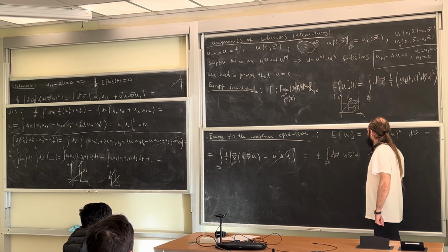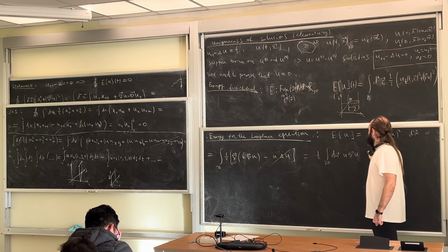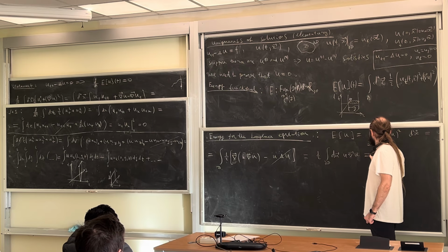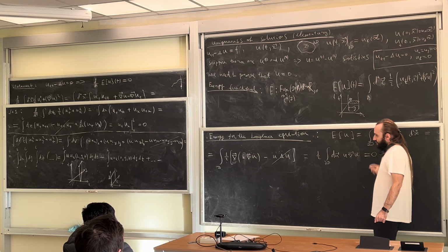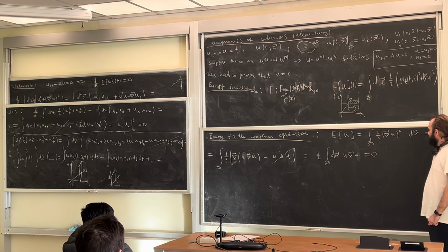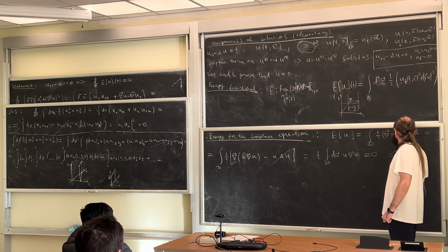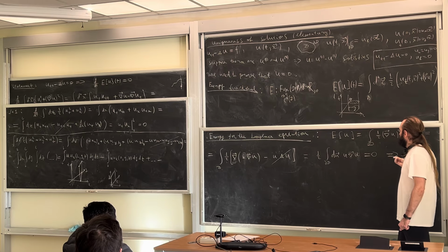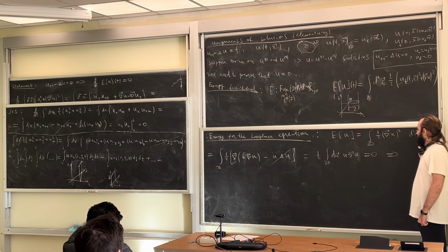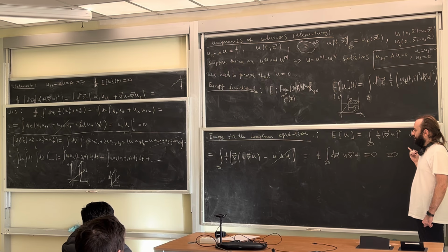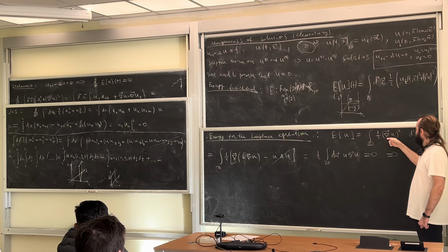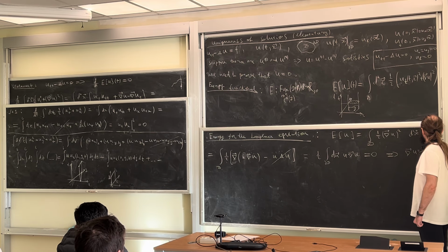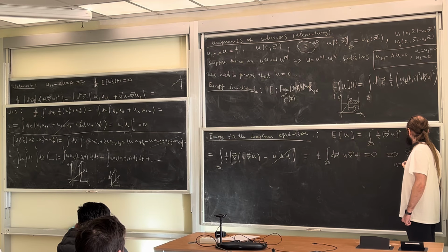So if our u satisfies zero boundary conditions, then it equals 0. Therefore, the solution of this equation with zero boundary conditions is constant. Gradient of u equals 0, u equals a constant.